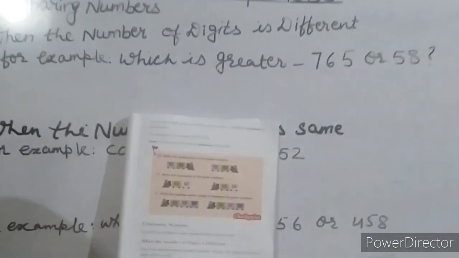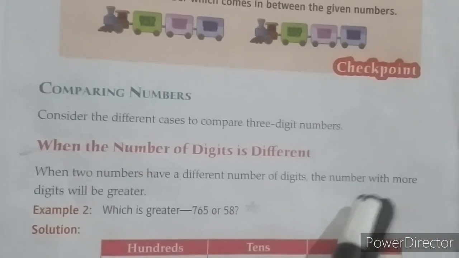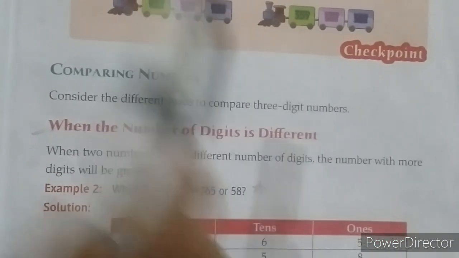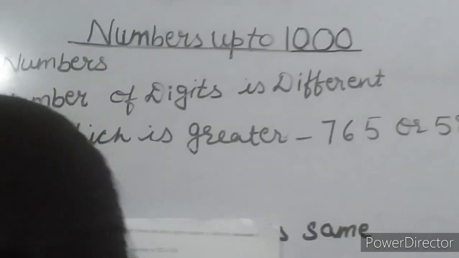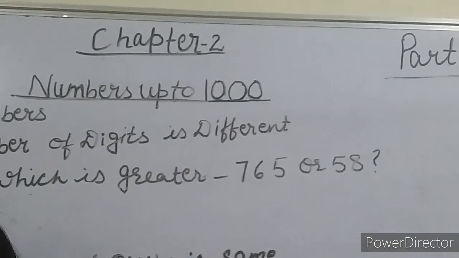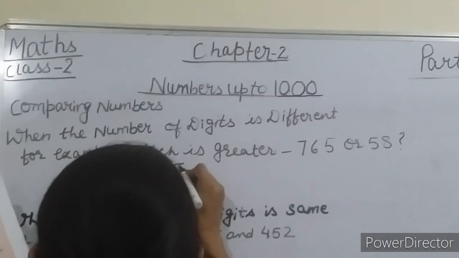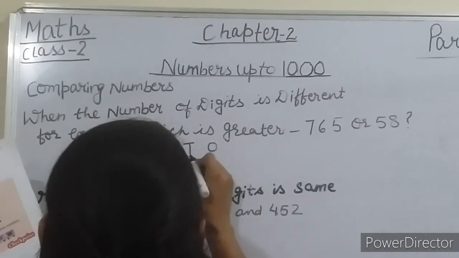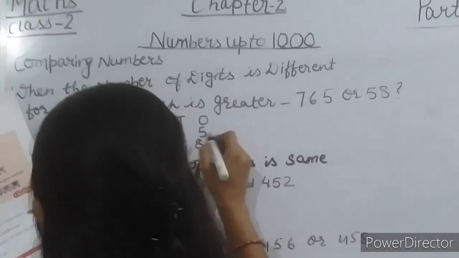See students, when two numbers have a different number of digits, the number with more digits will be greater. So for example, which is greater, 765 or 58? See, 765 and 58.